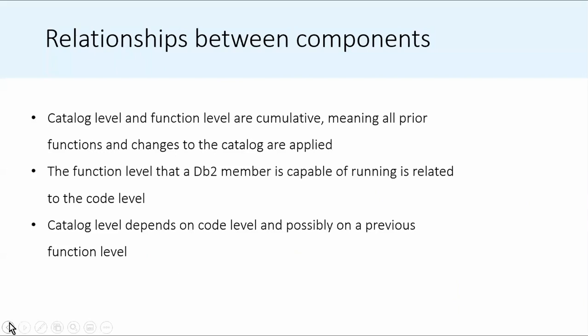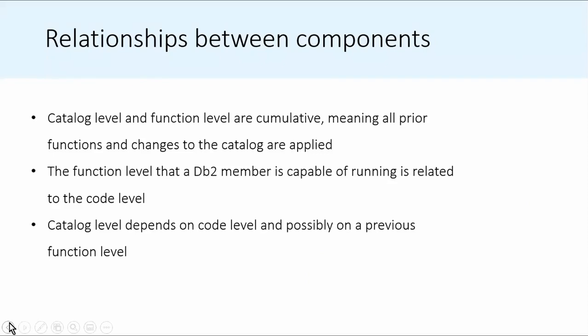So there are some interesting relationships. Catalog level and function level are cumulative, meaning that as you go forward and activate a function level, or update to a new catalog level, any of the changes up to that point will be applied. The function level that a DB2 member can run is related to the code level, so I can't just specify any function level.